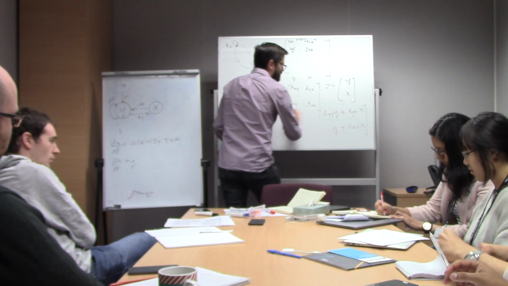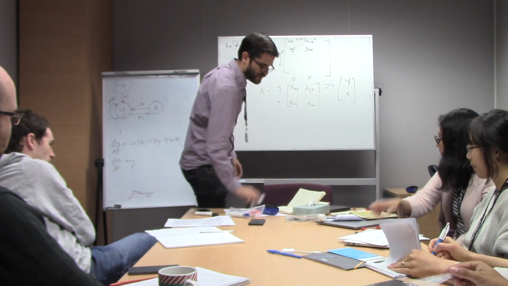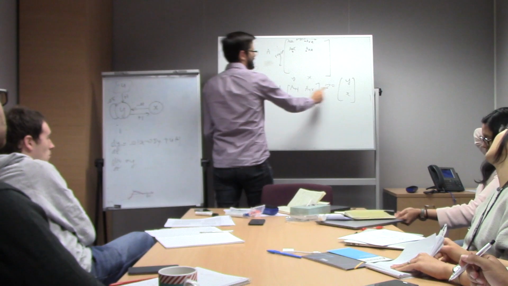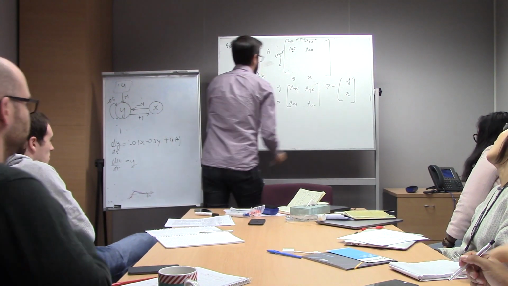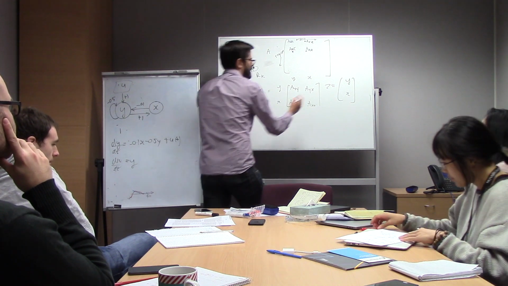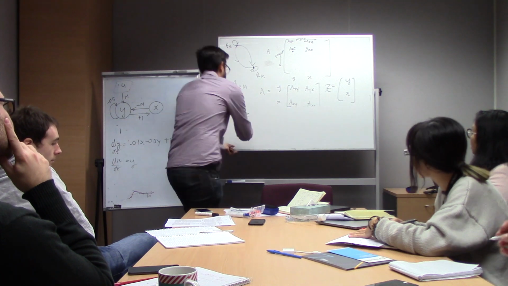Now we have that. In summary, what does this all mean? By having these two definitions, we can write the following. dz/dt, where z is a vector.